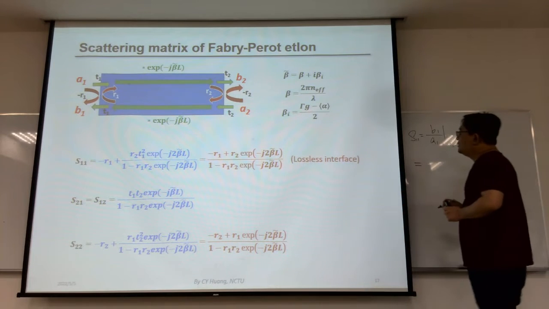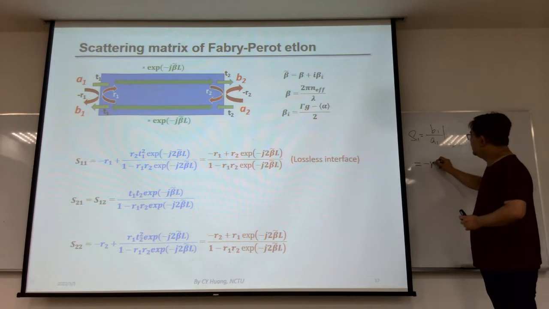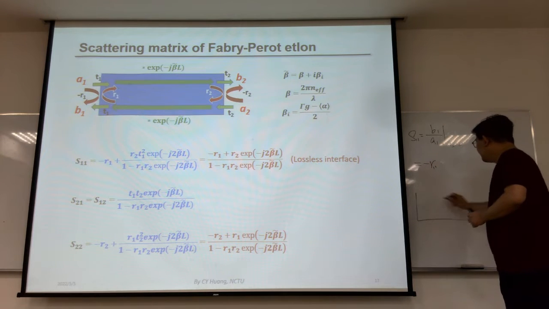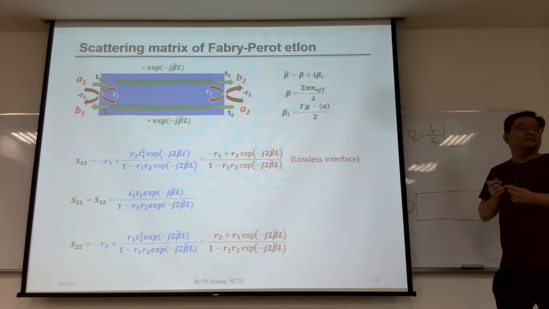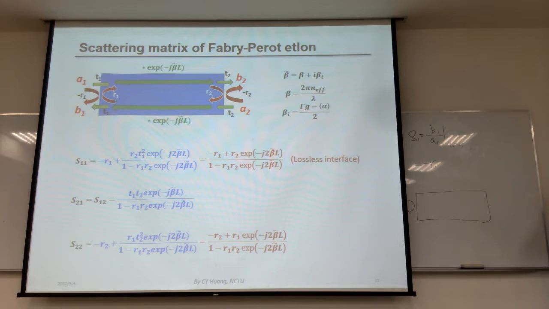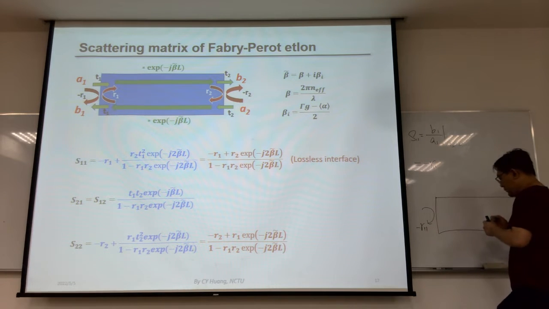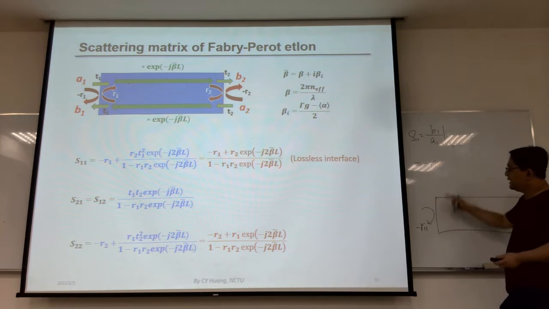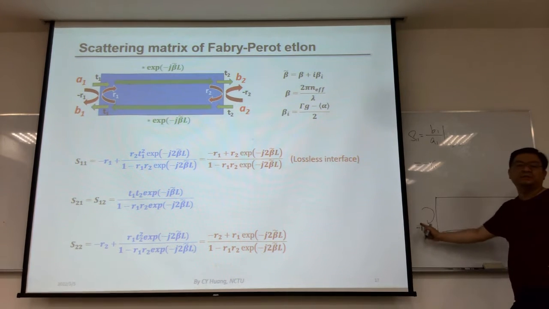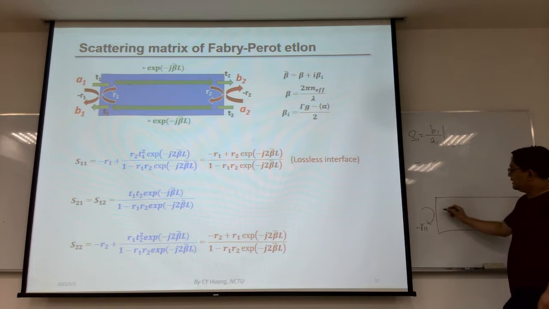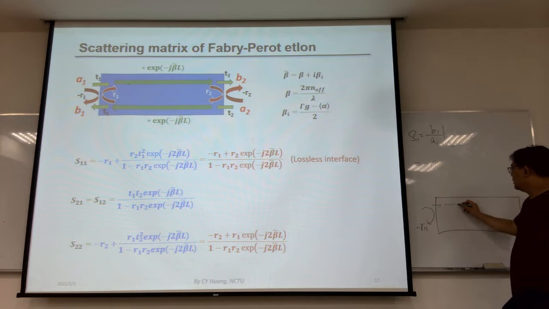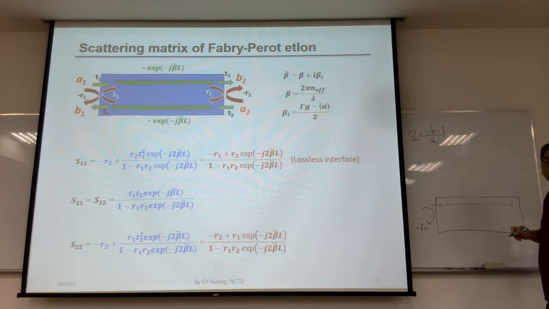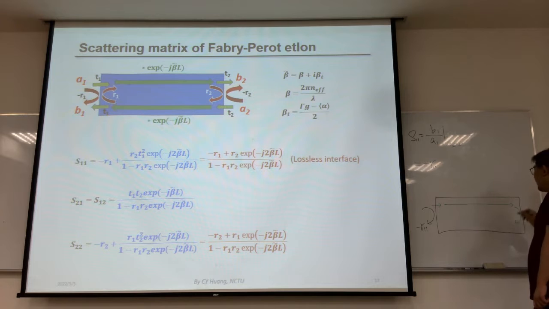So first it will be minus R11, because you first have some power directly reflected from the interface. The first term is minus R11. Then the light will first pass the interface, propagate, and reflect again.